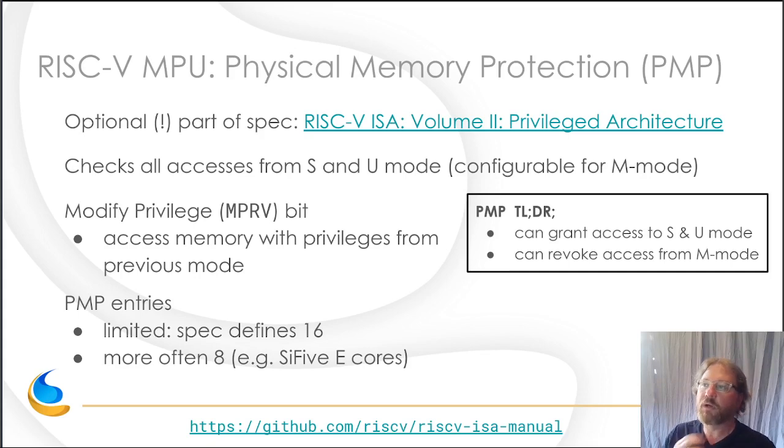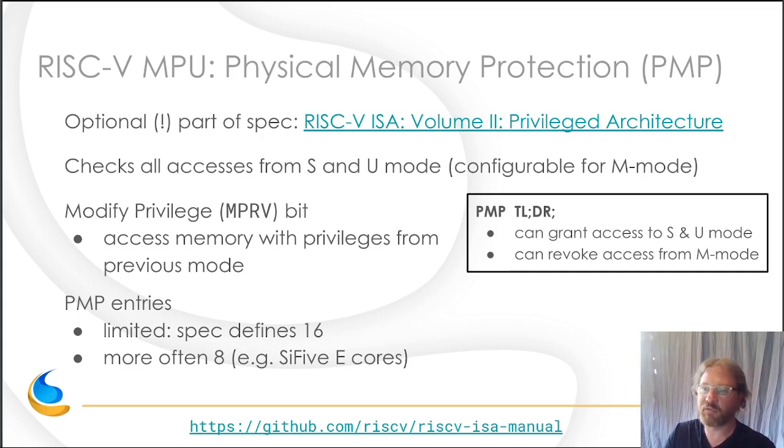Okay, so for the MPU, the memory protection unit in RISC-V, the RISC-V terminology for this is physical memory protection. This is referred to as PMP in the RISC-V spec. Like most things RISC-V, this also is an optional part of the spec. I have a link here to the spec where this is defined.